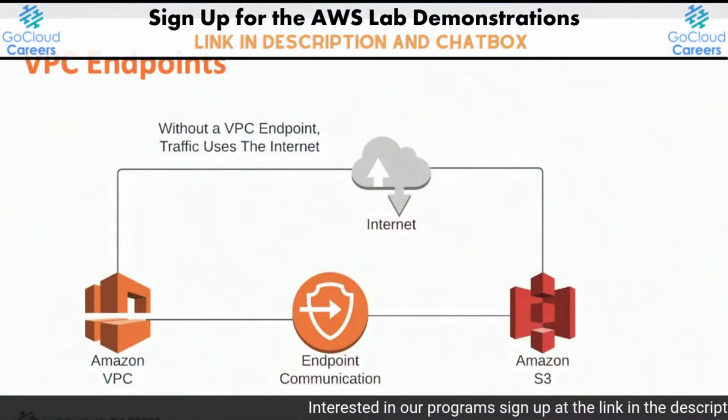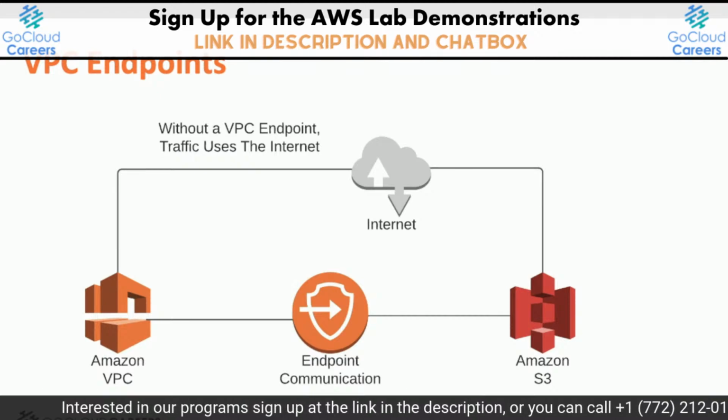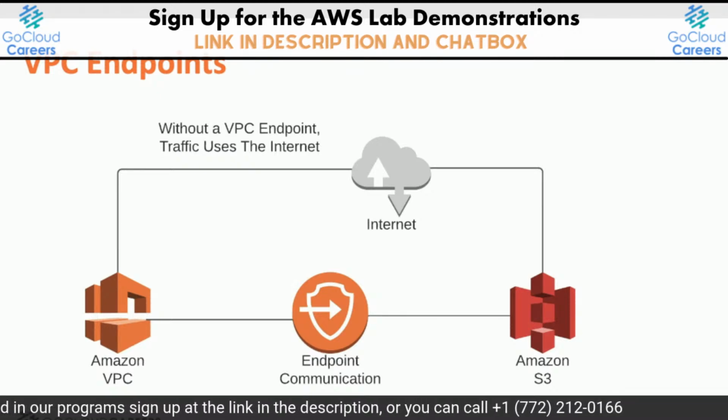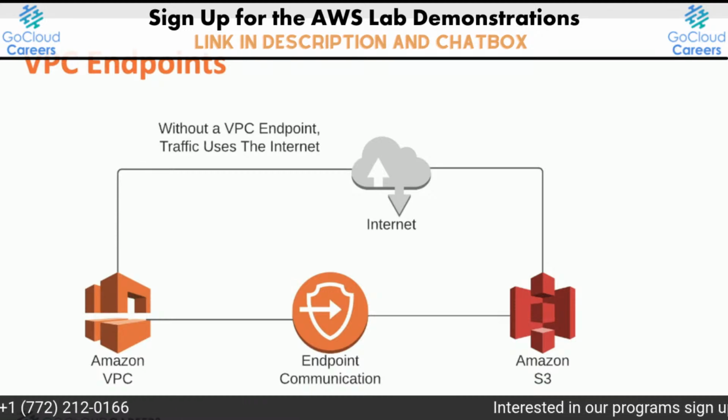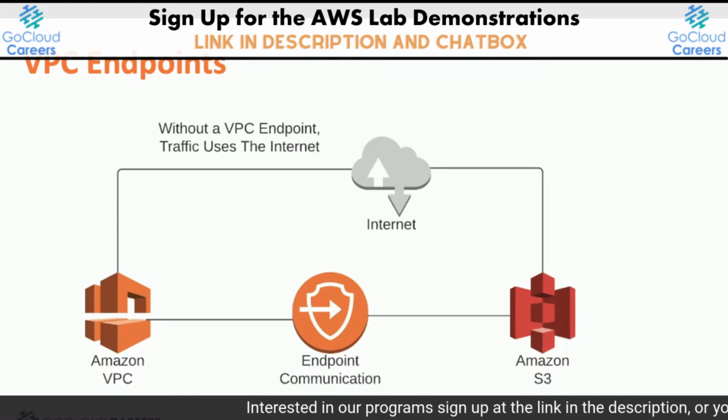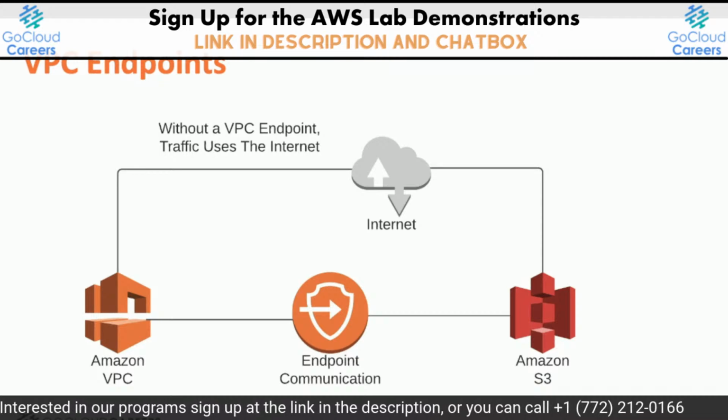So let's say we were inside of our VPC, our virtual private data center, and we wanted to connect to Amazon S3. There's really two ways that we could do it. Way one would be to go all the way out to the internet, cross the internet, and come back to AWS and reach our S3 bucket. Now let's talk about why that's ugly. Well, we have to go to the internet, and that's outbound traffic.